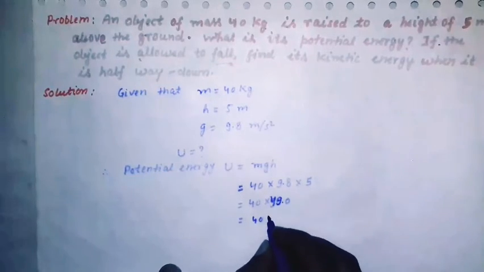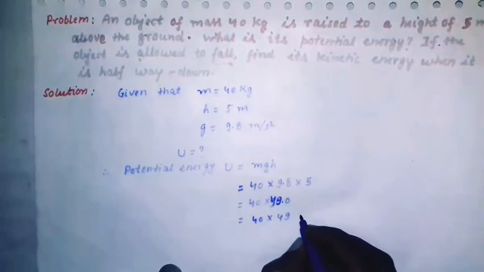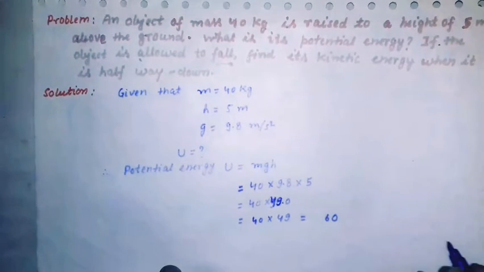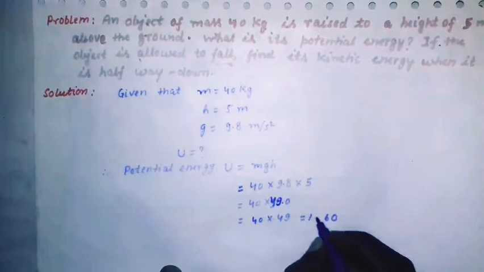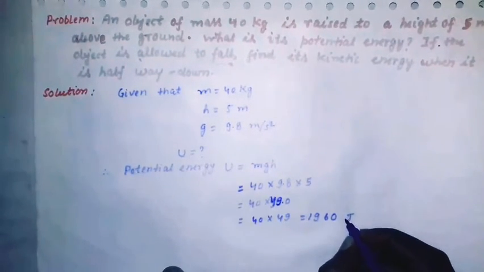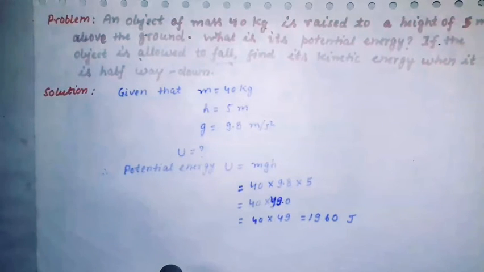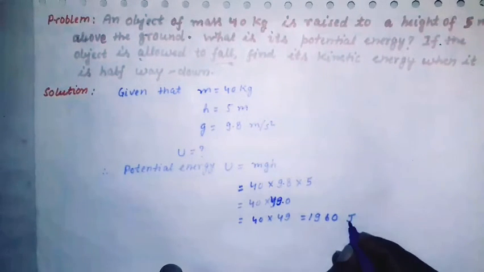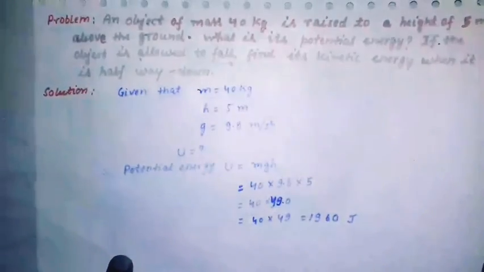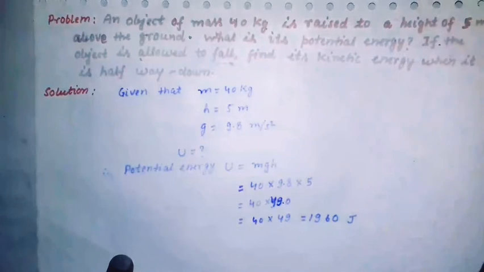So this will be 40 into 49, which is 1960. This will be in joules. 1960 joules. Now the next part of this question is, if the object is allowed to fall, find its kinetic energy when it is halfway down.